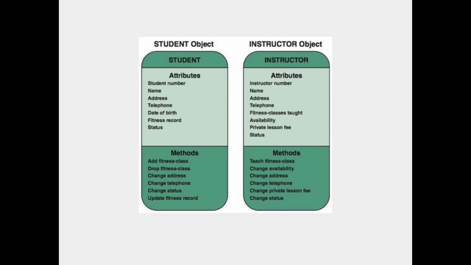And apart from these, we have a set of methods as well. For student, we have student number, name, address, telephone, date of birth, fitness record, and status. Similarly, instructor also has another set.